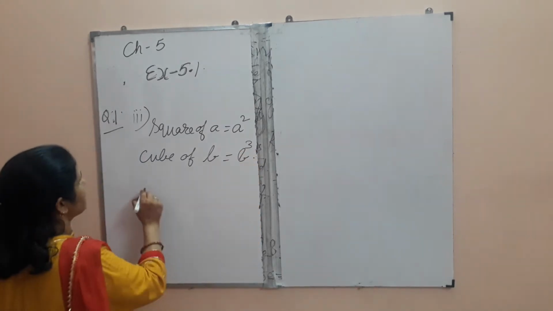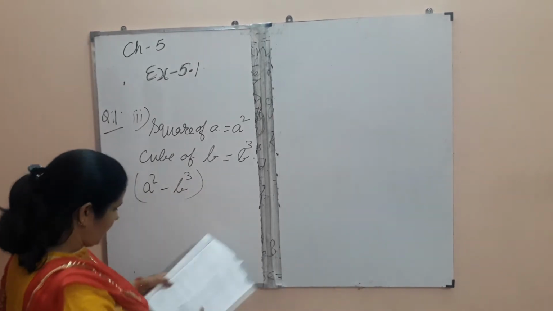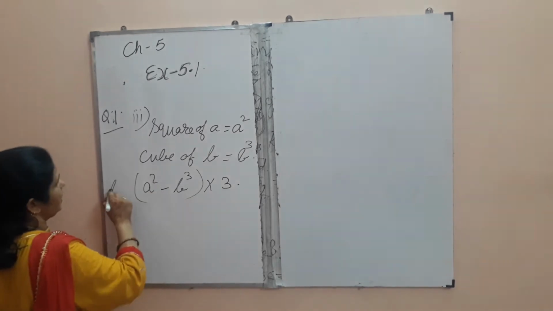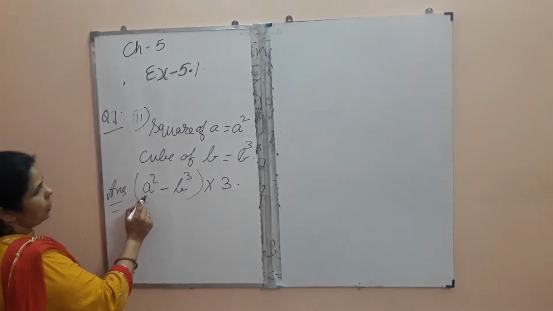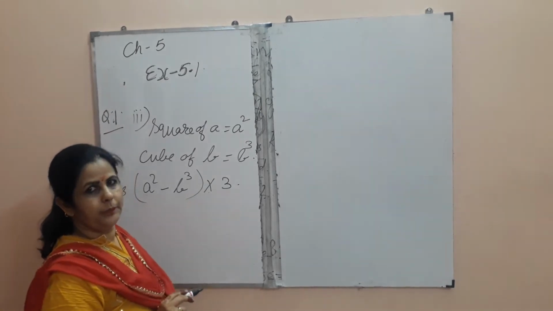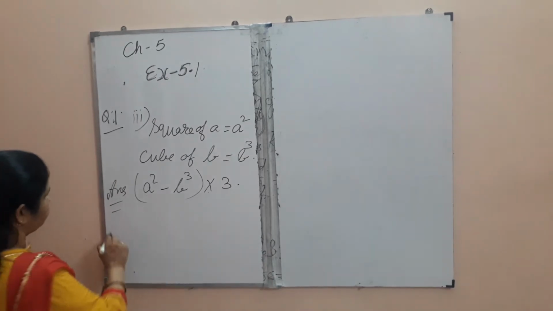Now the difference is A square minus B cube, multiplied by 3. So this is the answer: difference of square of A and cube of B multiplied by 3. Understood? Now I am solving the fifth also.